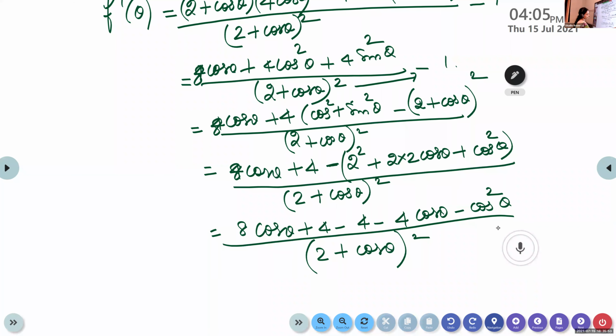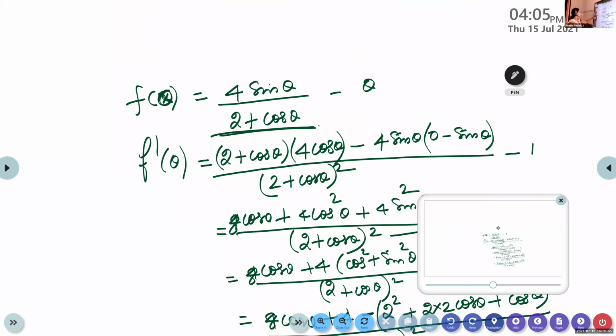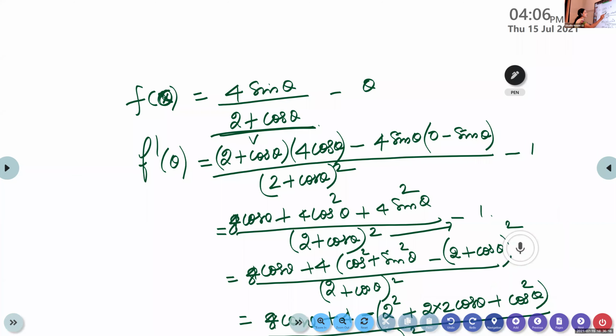Listen, children. The question is, you have to prove this is an increasing function in the interval 0 to pi by 2. So once a function is given, we have to find f dash of theta. The first term is in quotient form, numerator is there, denominator is there. So we use the quotient rule: v into u dash minus u into v dash by v square.